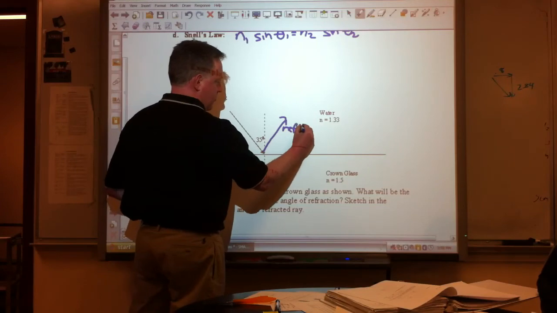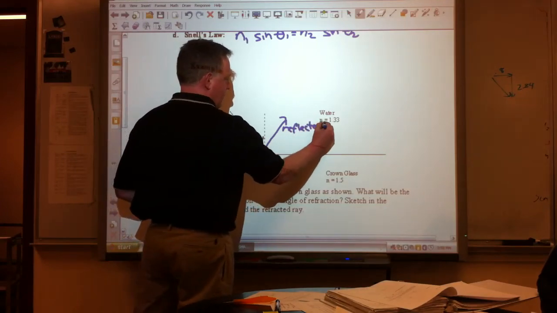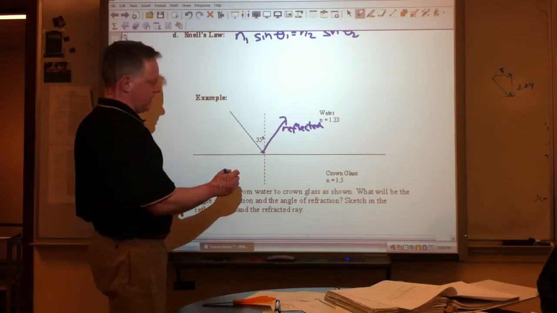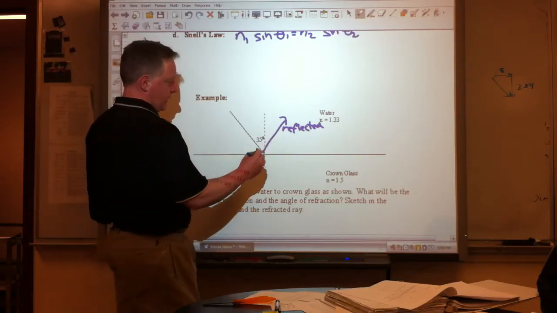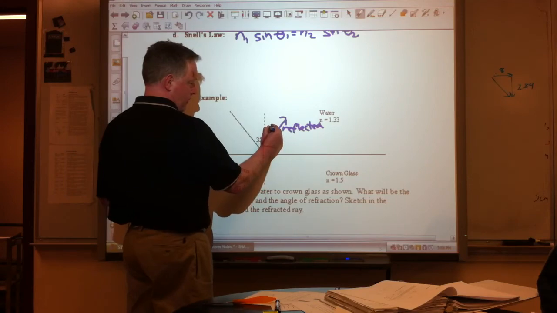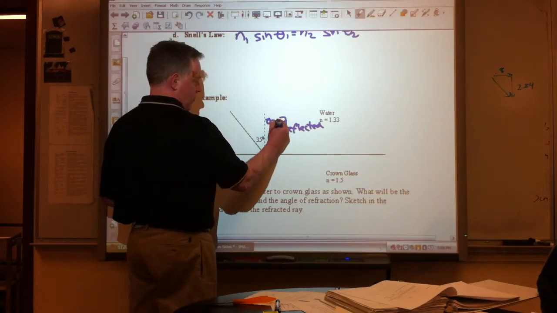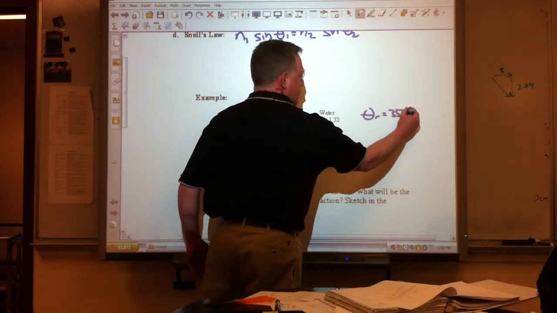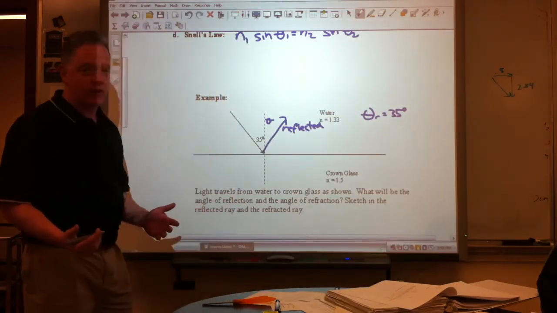That's the reflected ray. And what we learned about reflection is the angle of incidence is the same as the reflected angle. So I'm going to label this theta r for the reflected. Theta r is going to be 35 degrees. So reflection is very, very easy.